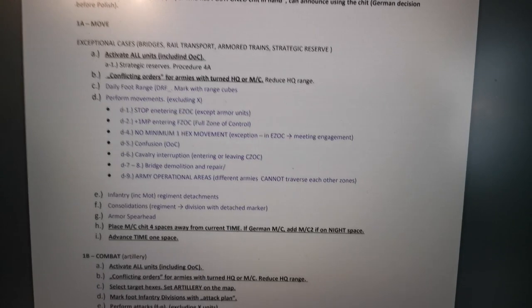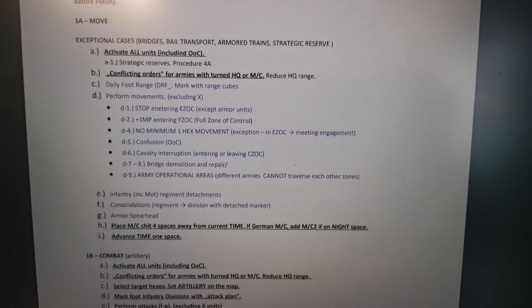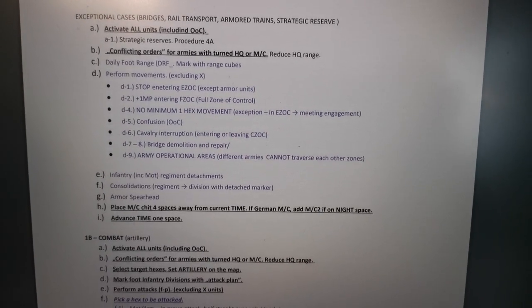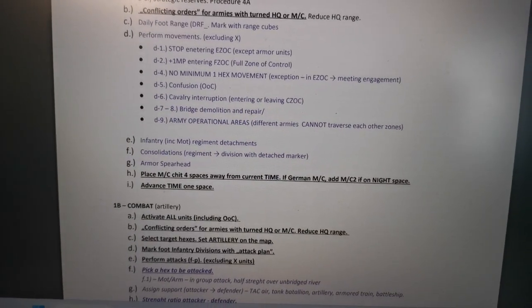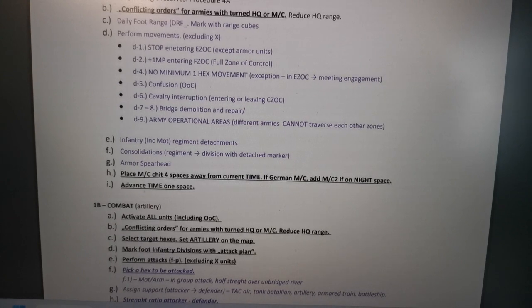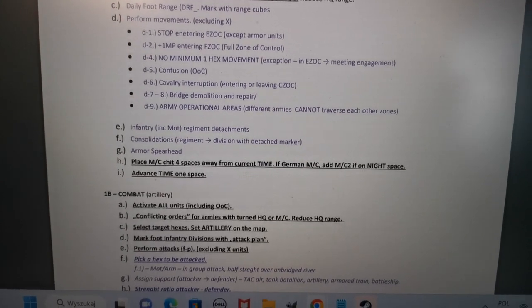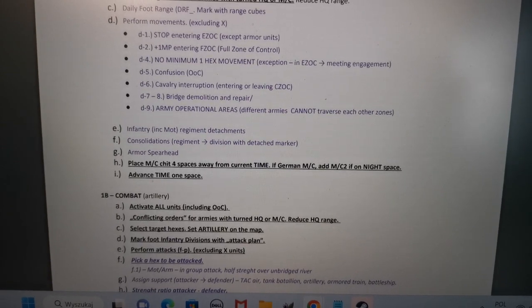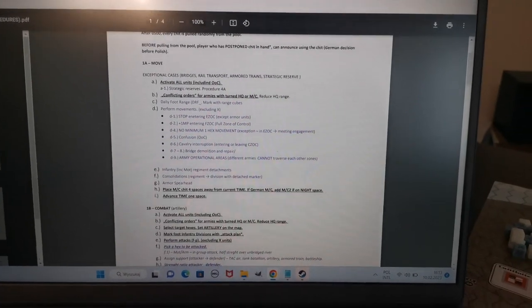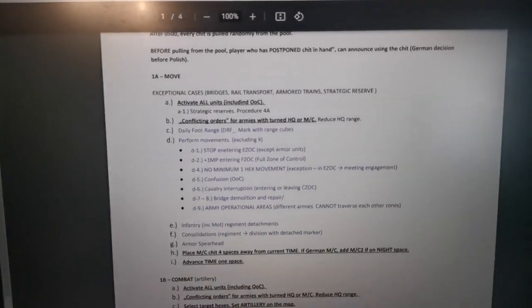Cavalry interruption, when you enter a cavalry zone of control, the enemy can react. Bridge demolition and repair. Army operational boundaries. Then E, infantry can make detachments, make consolidations, and panzer units create armor spearheads. So this is actually the whole movement procedure.